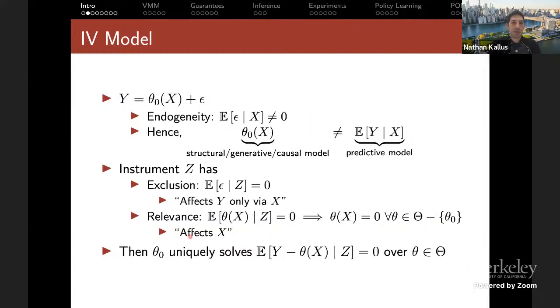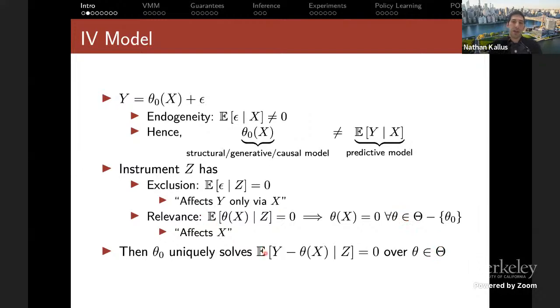Okay, and if we have these conditions, then this theta naught, the one that we really want, uniquely solves this moment equation over all thetas in our class of thetas, right? And this class of theta had to match the one for the relevance.